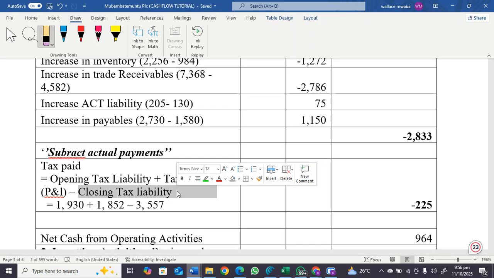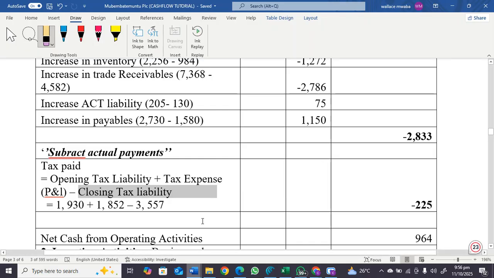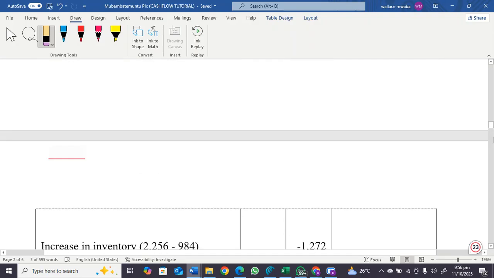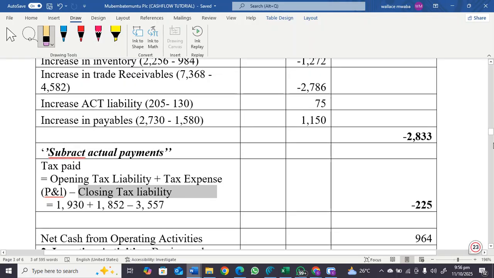Just remember, opening plus the expense minus closing. Even if there was any interest and you want to find interest paid, you would use the same formula.